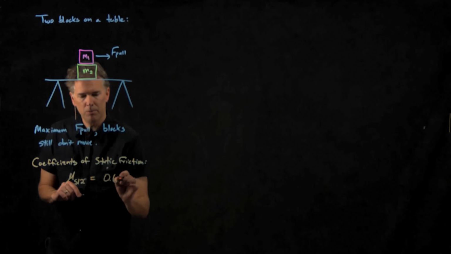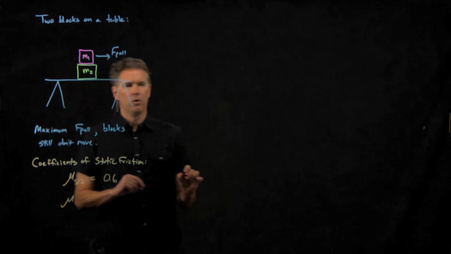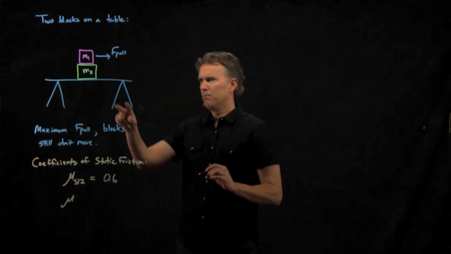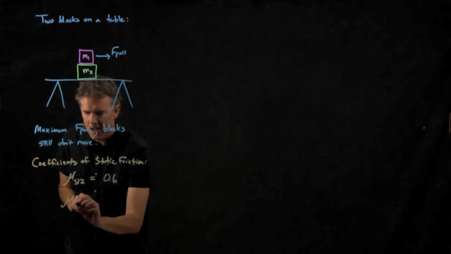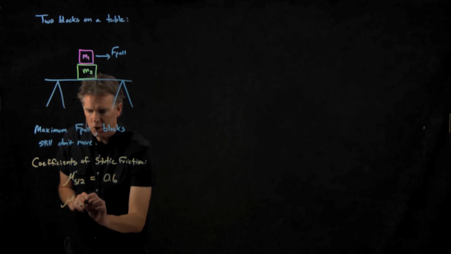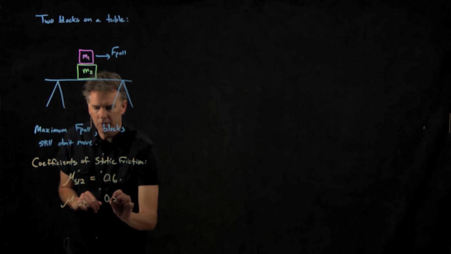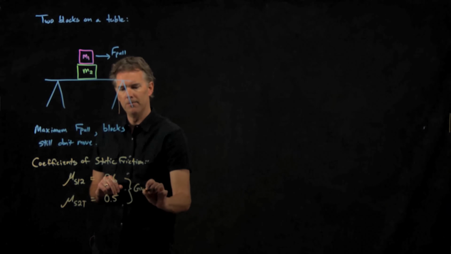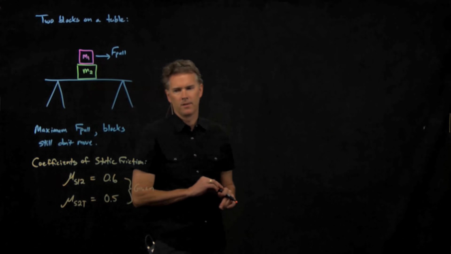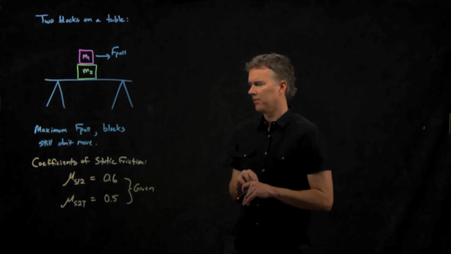How about 0.6? And then there is another coefficient of friction between M2 and the table. So this would be static friction between block 2 and the table, and maybe that is 0.5. So these you would be given in the problem. Okay. And if you had numbers for there, you would also be given the masses and so forth.